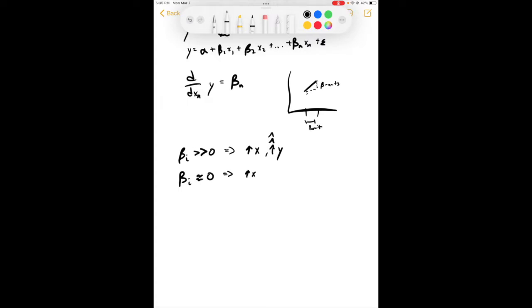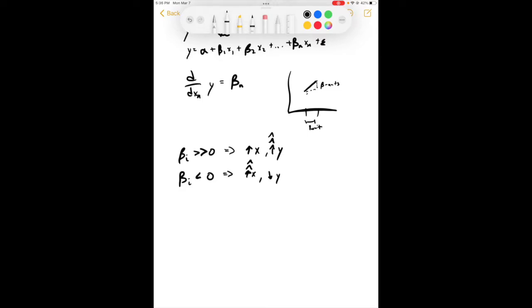Then a small increase in x, let's actually say that it is small and negative. All right? So if beta i is small and negative, then a very large increase in x might lead to a small decrease in y. All right, so the direction definitely matters.